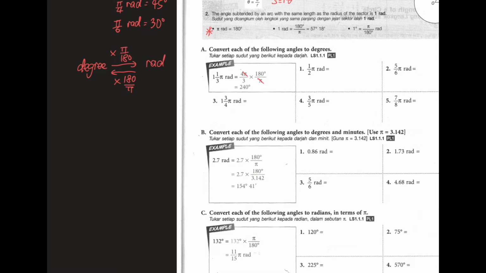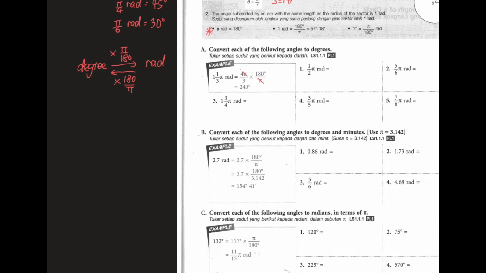But the question said use pi equal to 3.142. So pi is 3.142. Then you press the calculator. So let's say you press it now, and you let me know what you get. Okay, so you take a try now. 2.7 times 180 divided by 3.142.